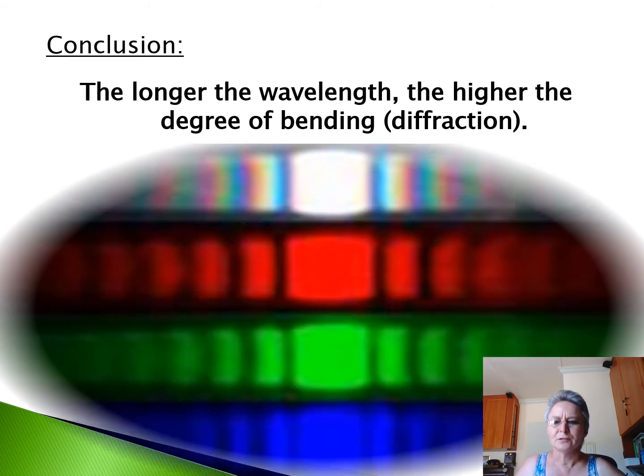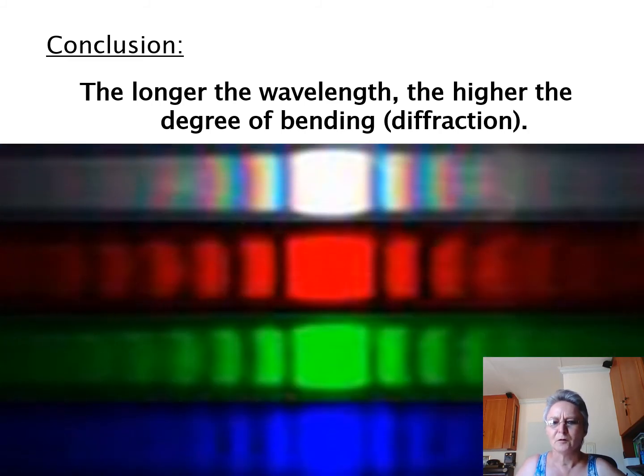On this photo, we can compare the diffraction pattern of white light to red light to green light to blue light. You can see that the central band in every pattern is wide and much brighter than the other bands, and that the width of the bands decreases as the wavelength of the light decreases.